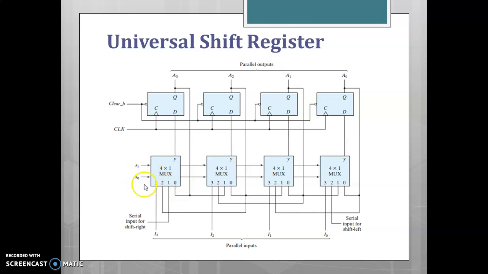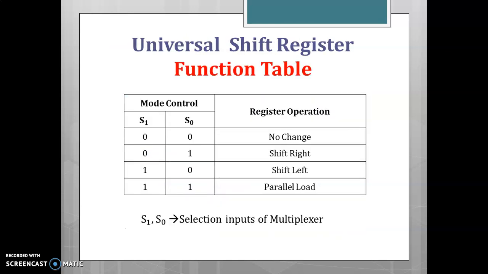When S1, S0 is 0, 1, the input 1 is selected. When S1, S0 is 1, 0, the input 2 is selected. When S1, S0 is 1, 1, input 3 is selected. So these selection inputs control the mode of operation of this register. This is given in this function table.